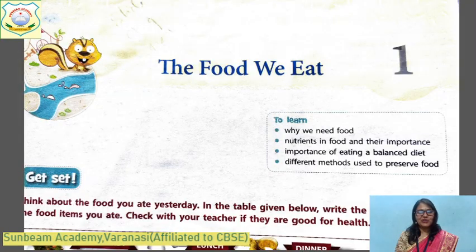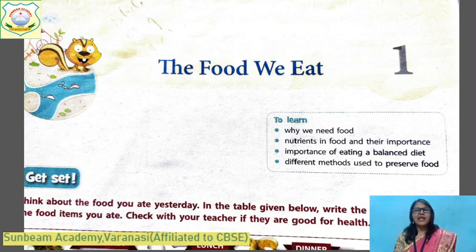Yes, children, now we are going to read the revision of another lesson. I am going to show you the pages of another lesson. The lesson is the food we eat. Why do we need food? We need food to grow and to get energy.